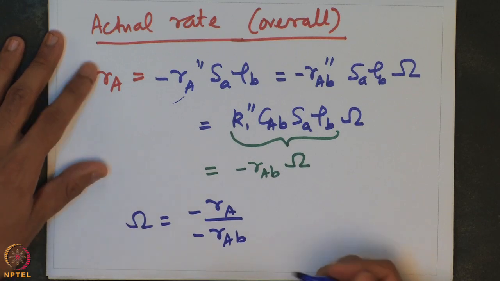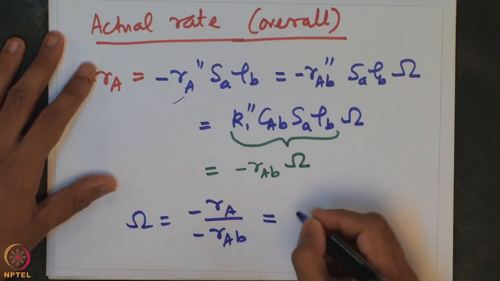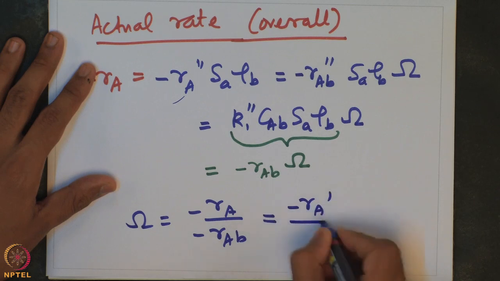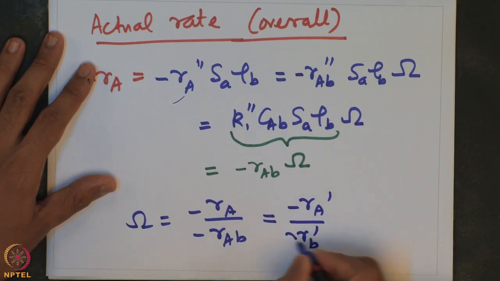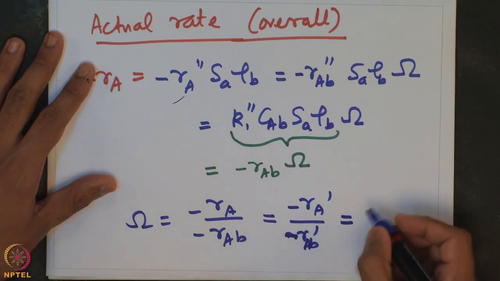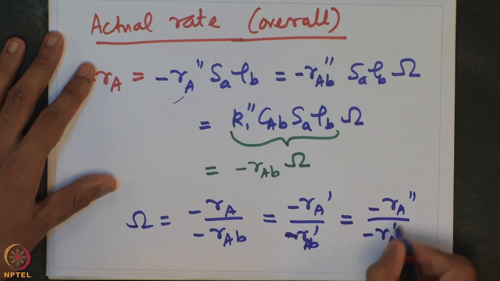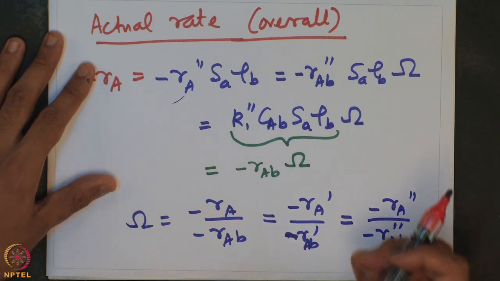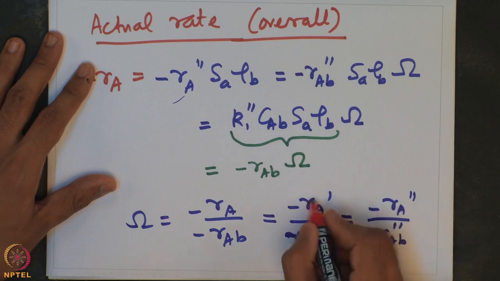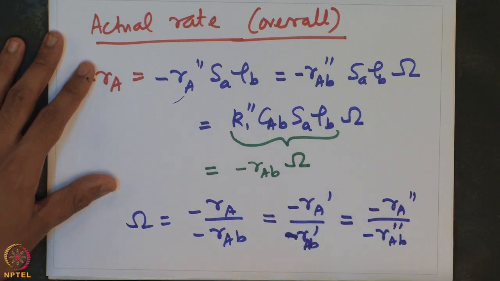This should also be equal to minus Ra prime by minus Rab prime, and that is also equal to minus Ra double prime by minus Rab double prime, where this is the rate defined based on surface area and this is the rate defined based on the weight of the catalyst.